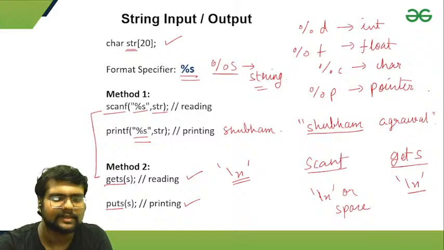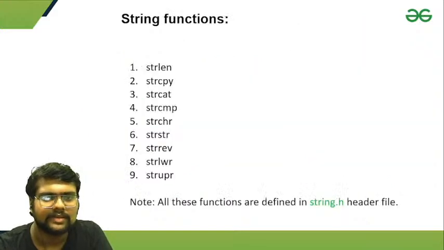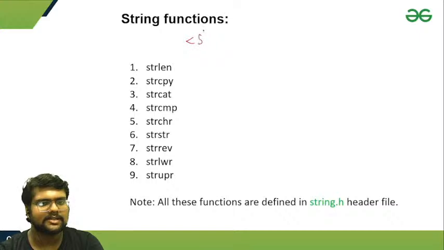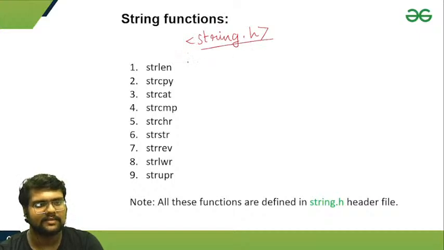Let's move to our next topic, string functions. There are different functions available in C, present in the string.h header file, which contains many inbuilt functions to operate on or manipulate strings.